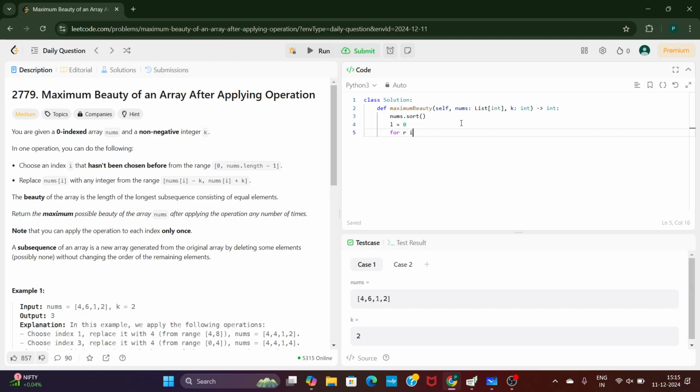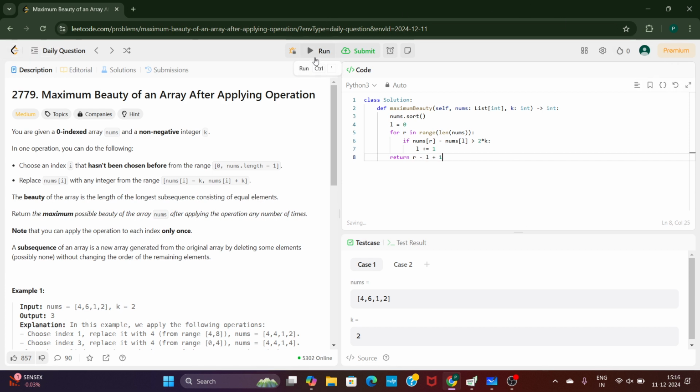Now for r in range length of our nums, if nums of r minus nums of l is greater than 2 into k, just simply increment our l by 1, and then return r minus l plus 1.